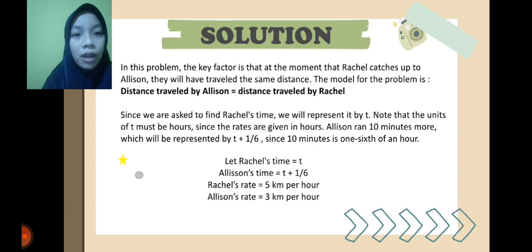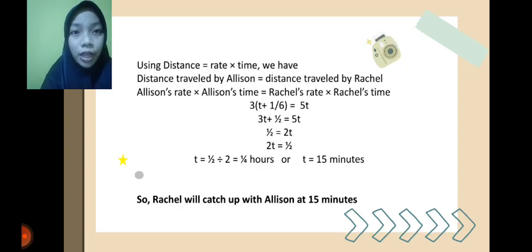We know Rachel's rate is 5 km per hour and Allison's rate is 3 km per hour. Using distance equals rate times time, the distance traveled by Allison equals the distance traveled by Rachel. So Allison's rate times Allison's time equals Rachel's rate times Rachel's time.